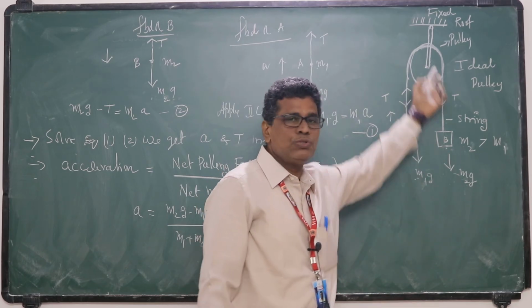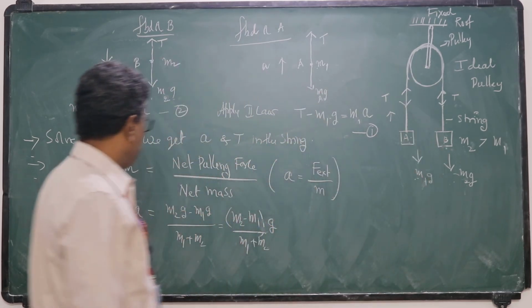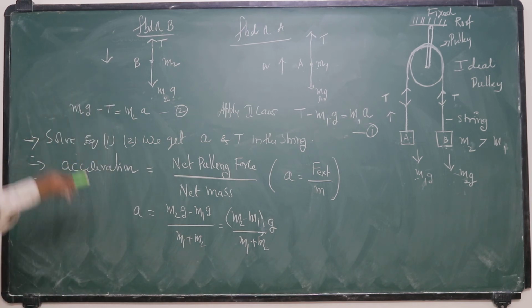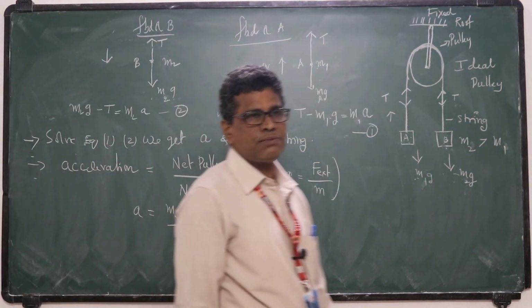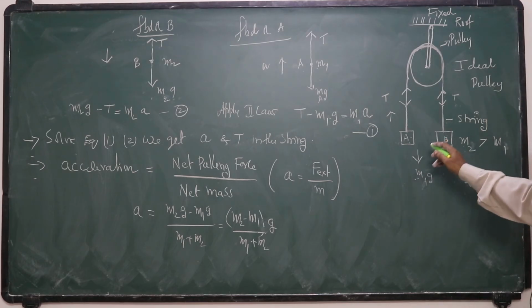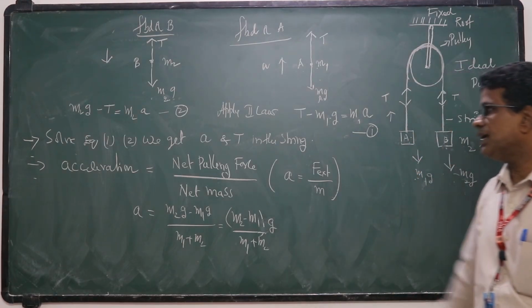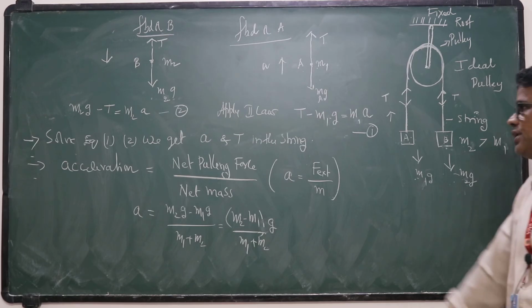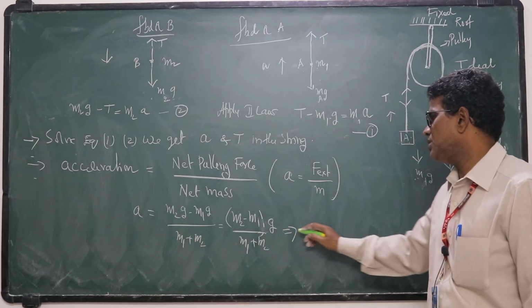Ultimately, the block moves down. Okay. Now, from this formula, by measuring this acceleration, we can calculate acceleration due to gravity. So how do you calculate?